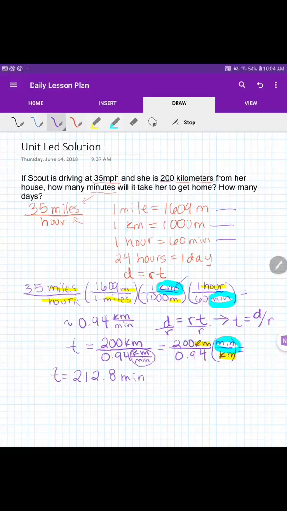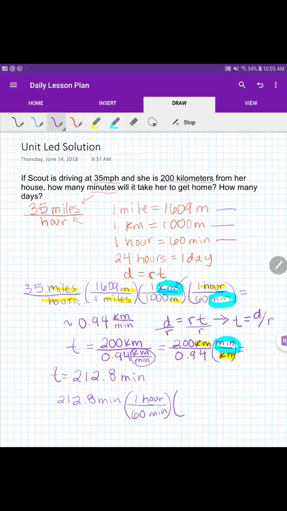Now, the next part of this problem is how many days will it take Scout to get home? So let's go ahead and convert minutes into days. So I've got 212.8 minutes, and I want to convert that back into hours. So we have 1 hour is 60 minutes.